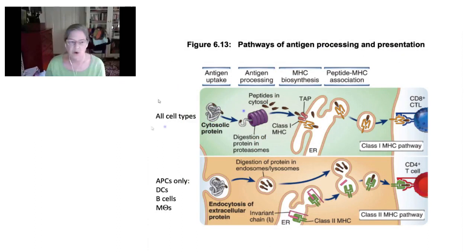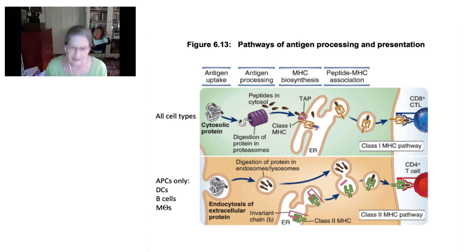So normally, all cell types can take cytosolic proteins, so those are proteins inside the cell, and digest them in these proteasomes, and then the peptides get pumped into the ER, where there is class 1 MHC, which cannot fold properly until the anchor residues of a peptide.